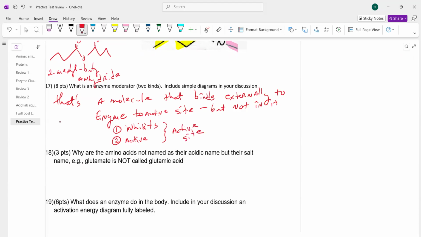Okay, why are amino acids not named as their acidic name, but their salt? Okay, so at physiological pH 7.4, that's slightly alkaline, so we're going to end up forming the zwitterion.